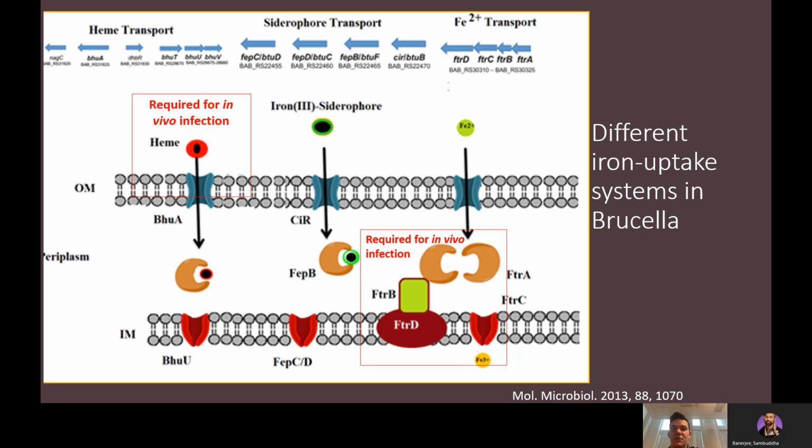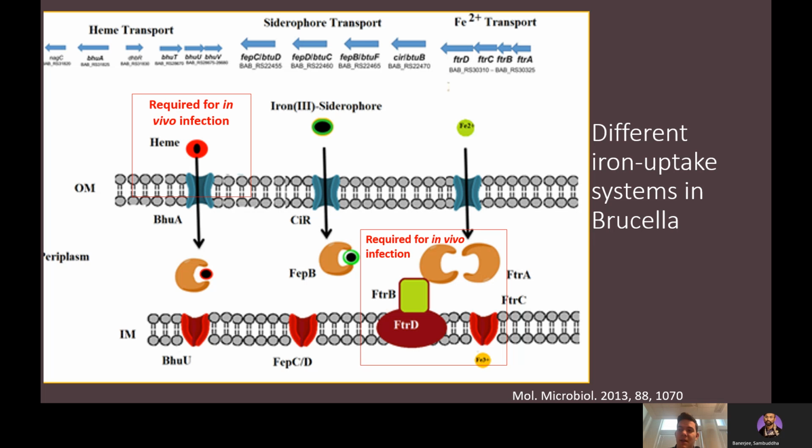The three types of iron transport systems that it has are heme, iron 3 plus siderophore, and FtrA-BCD. Out of these three types, heme and FtrA-BCD are required for virulence.